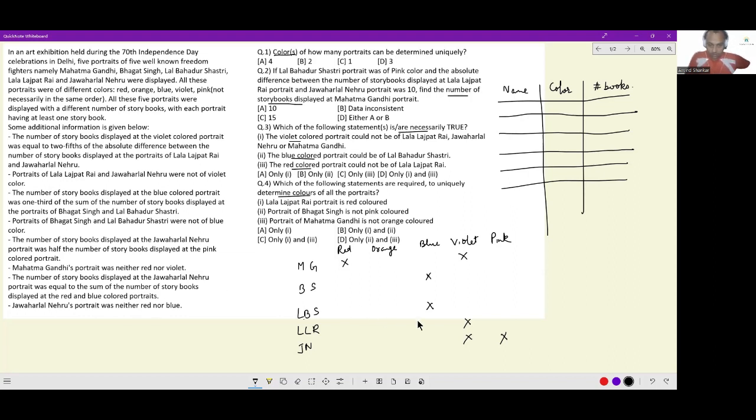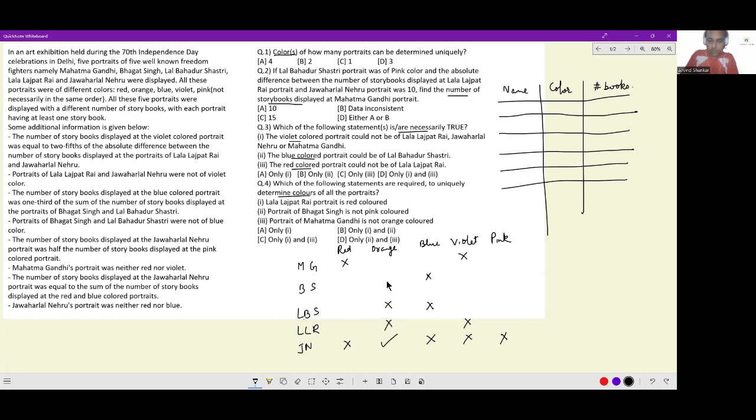But can't really record it anywhere. Next is Jawaharlal Nehru's portrait is neither red nor blue. And finally, we have something specific. Now, for Jawaharlal Nehru, the only color that his portrait can take is orange.